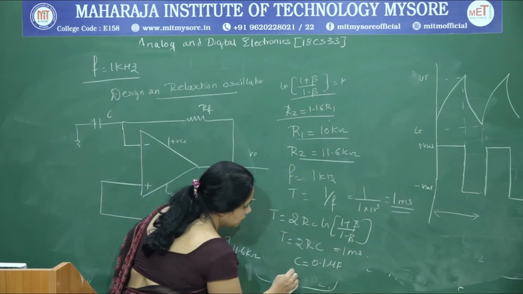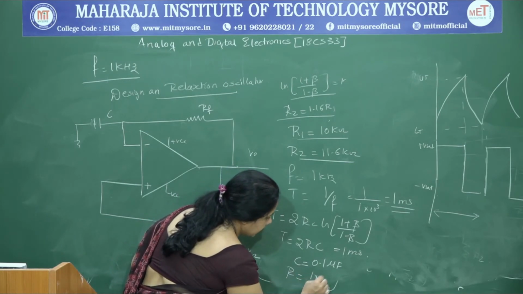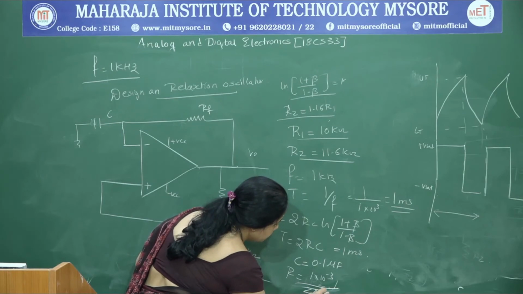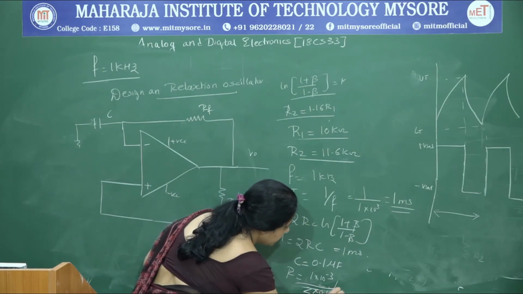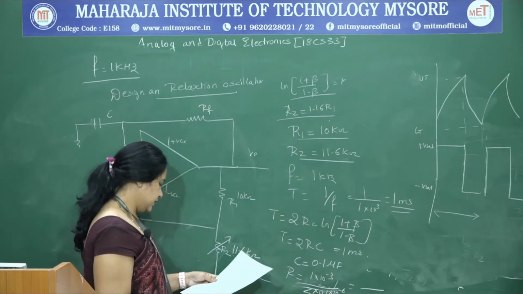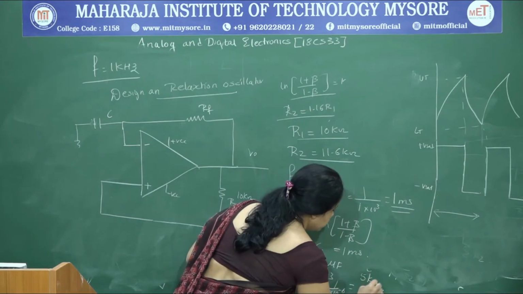If you substitute, your R value becomes 1 into 10 power minus 3 divided by 2 into C, which is 0.1 into 10 power minus 6. So, you end up getting a resistance value of 5 kilo ohm.